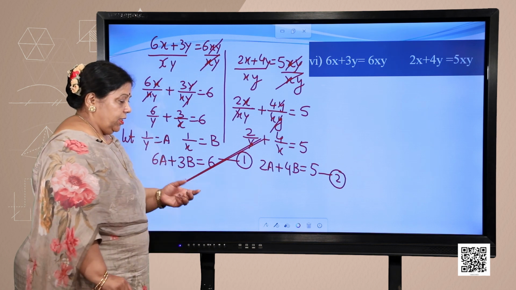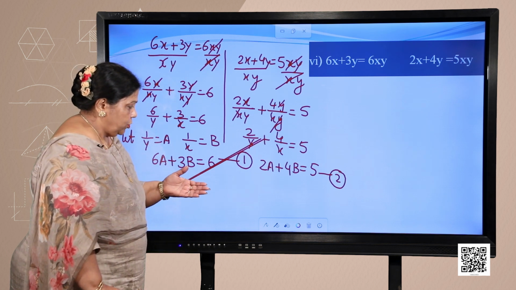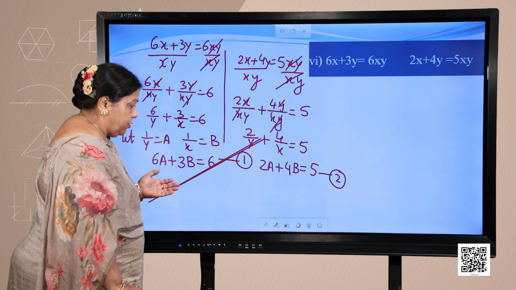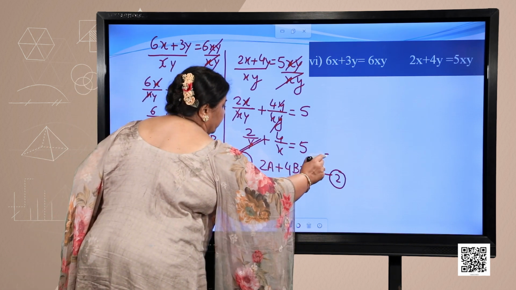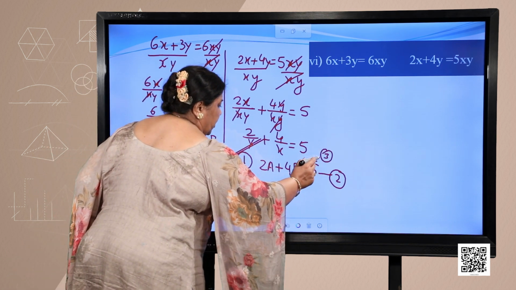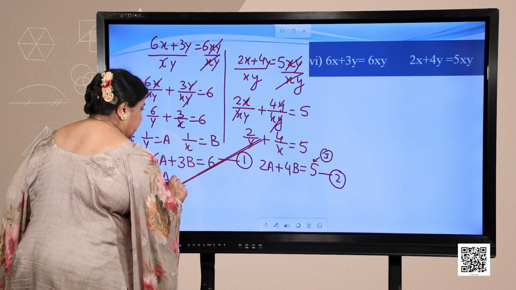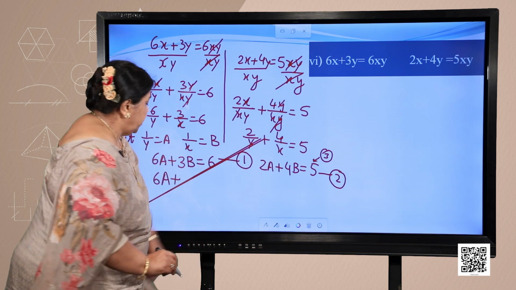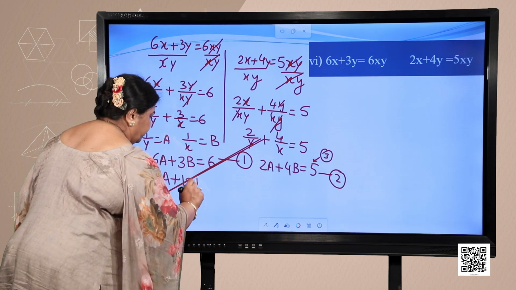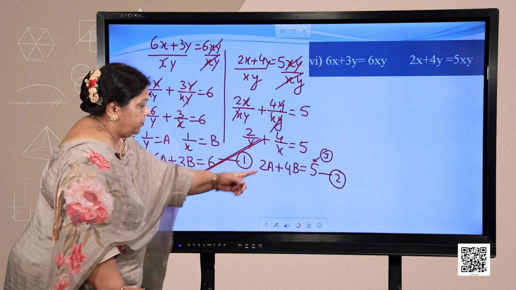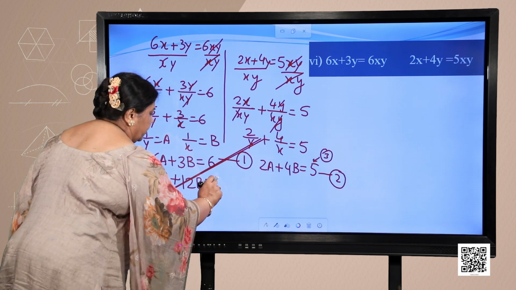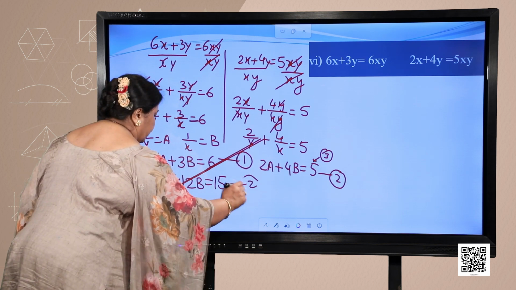Observe here, what is the step we can follow so that the coefficients of a become equal? If I multiply this equation by 3, what do I get? 3 2s are 6a plus 4 3s are 12b is equal to 5 3s are 15.